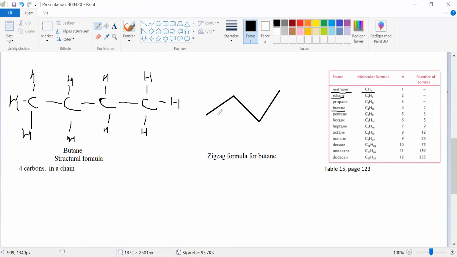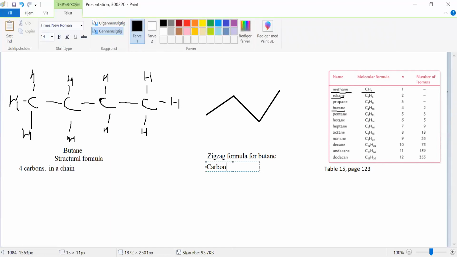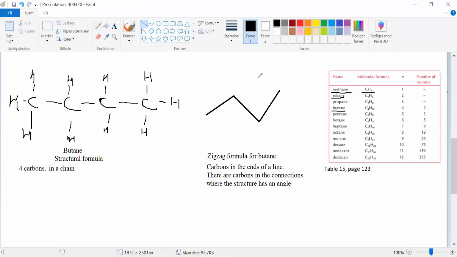The principle is that there are carbons in the ends of a line, and there are carbons in the connecting points, where it bends, as an angle.